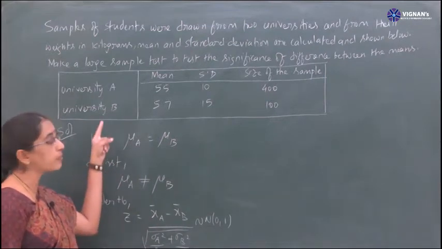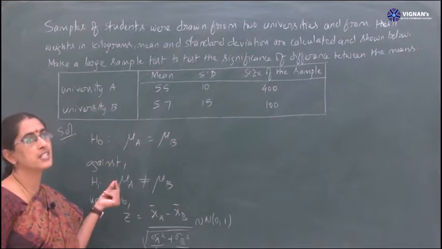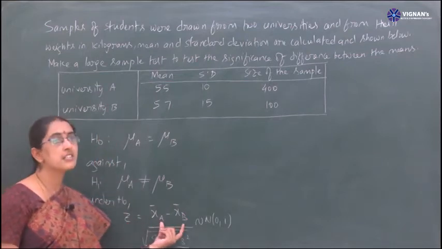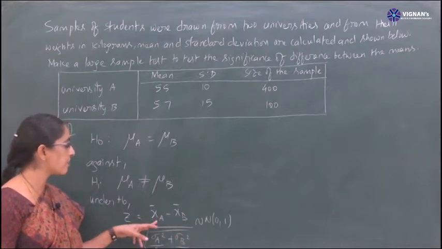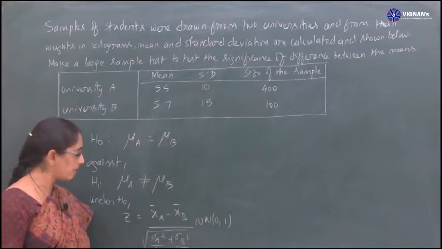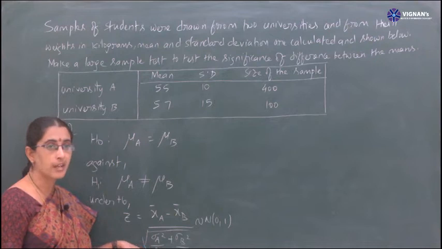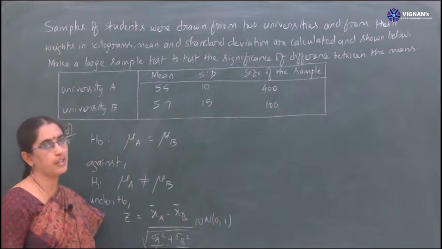But in our problem we have considered the two universities as A and B. That's why in the test statistic I have also used x bar A minus x bar B by square root of sigma A square by n1 plus sigma B square by n2.